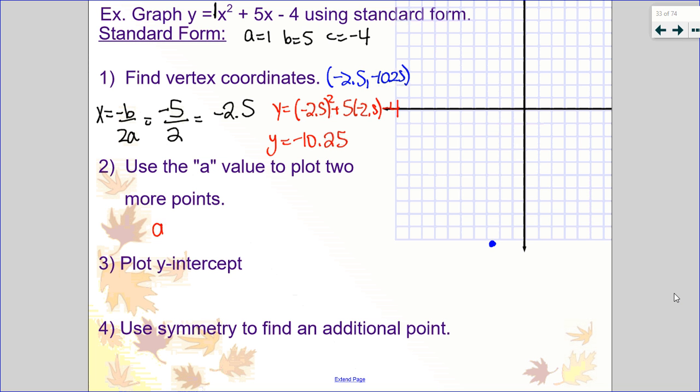A is 1. So from that point, I'm going to go up 1 and left, right 1, because A is 1. So I went up 1 and then right 1 and left 1.